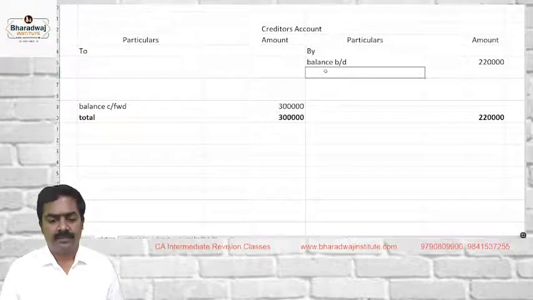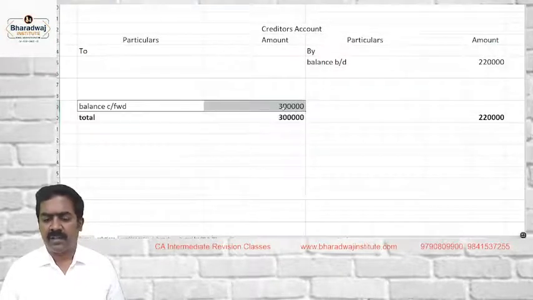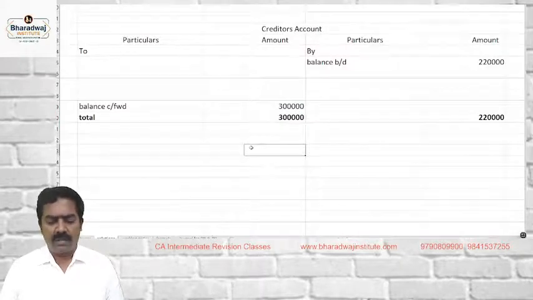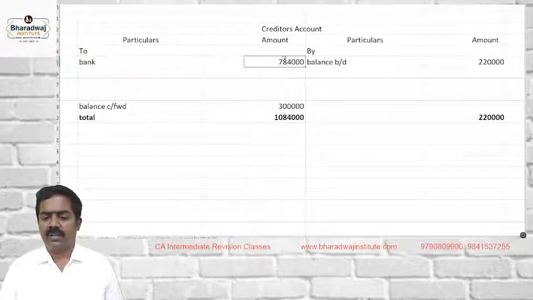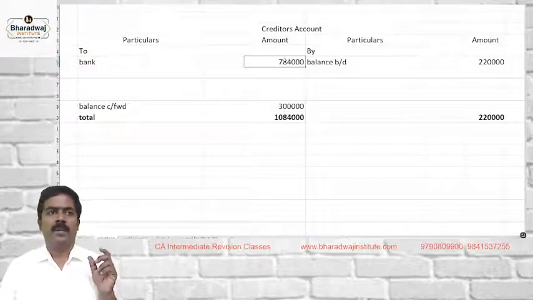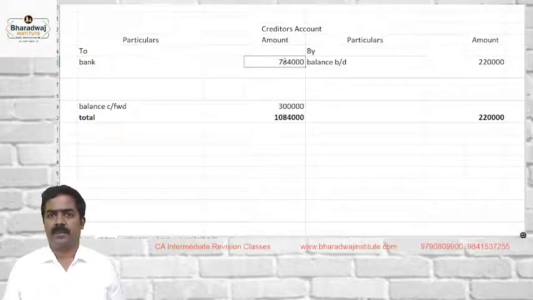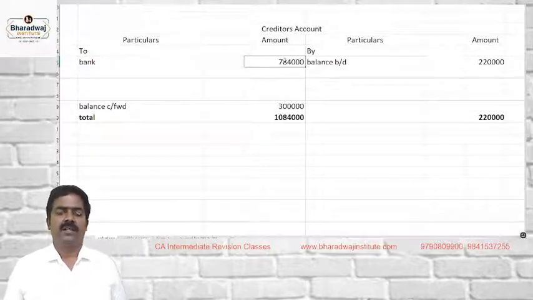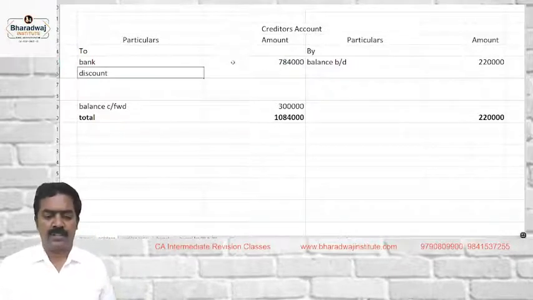Listen to it. What is the opening balance? 2,20,000. What is the closing balance given? 3 lakhs. What is the cash paid to them, by bank? 7,84,000. Payment is always net payment only. For example, if I pay you 5 lakhs, this is a payment made after the discount, at the rate of 2%.